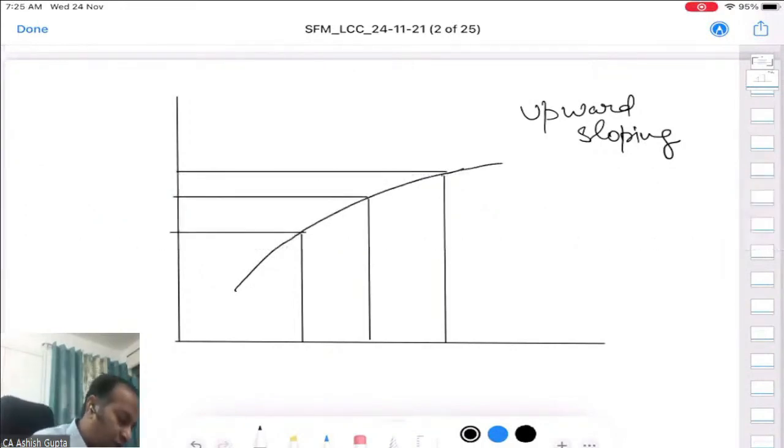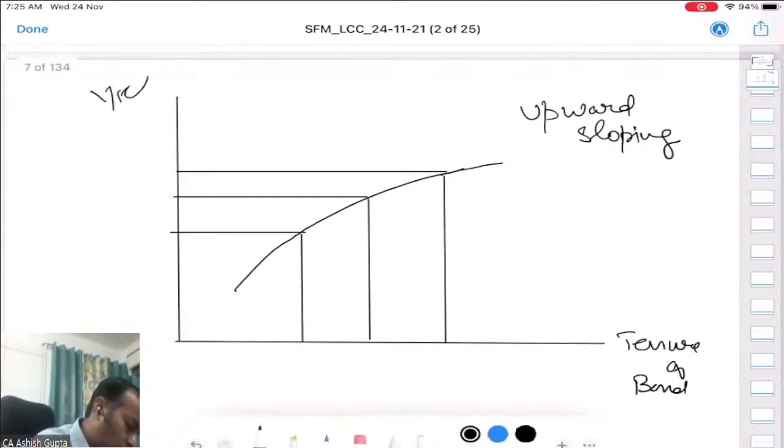Okay student, so this is the shape of the upward sloping curve. Here the tenure of the bond and here it is yield. Okay, say it is 8%, it is 9%, say it is 10%.